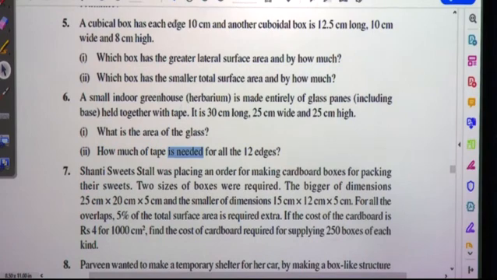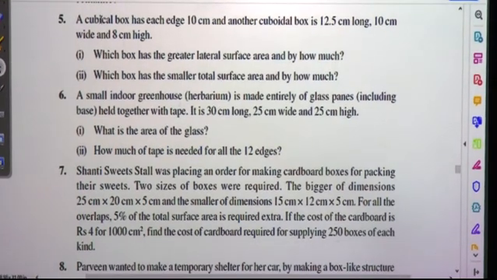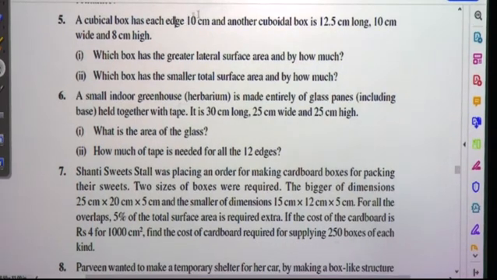Let us understand the question properly. A cubical box has edge 10 centimeter each. And another is a cuboidal box with the dimensions 12.5 centimeter long, 10 centimeter wide and 8 centimeter high.